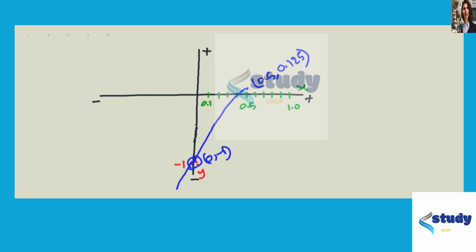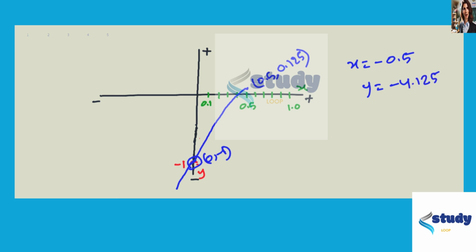And if we find the value of y for x equal to minus 0.5, the value of y will be minus 4.125.